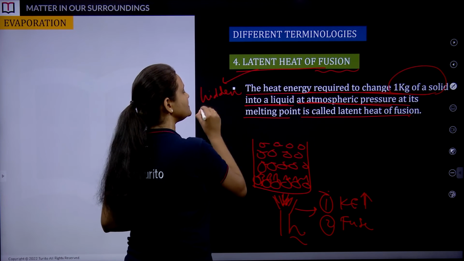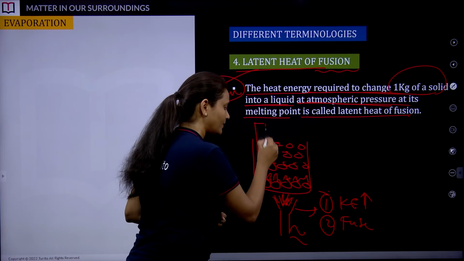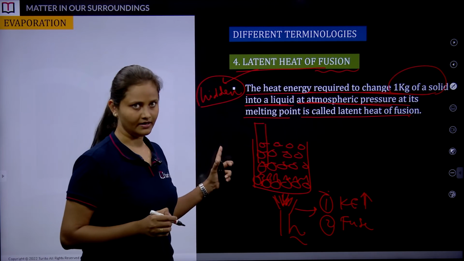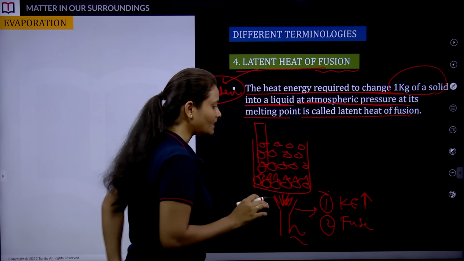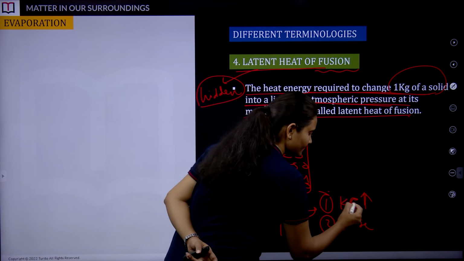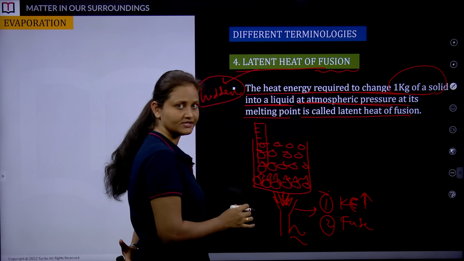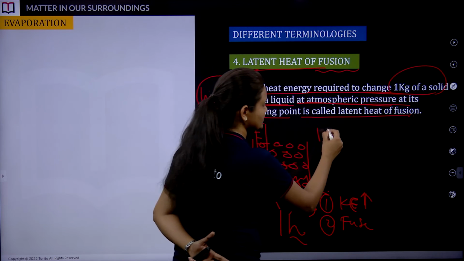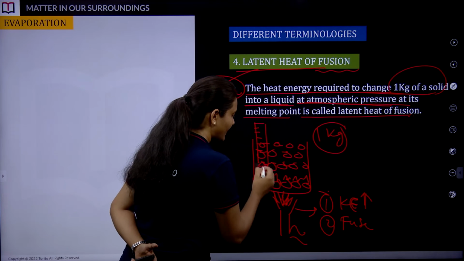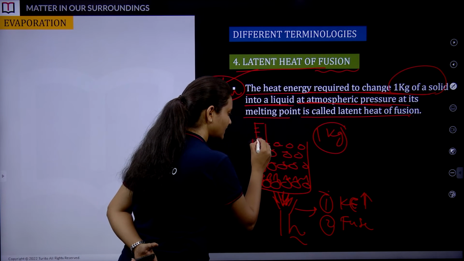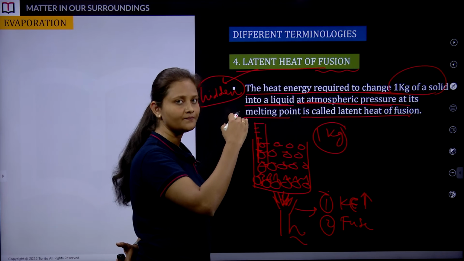So this is hidden. Why are we saying hidden? Because if you put a thermometer in this type of experiment, you are not able to see it. Suppose I have a thermometer and I am supplying some heat to the system. It's 1 kg of solid. I see an increase in the temperature on the thermometer, correct?